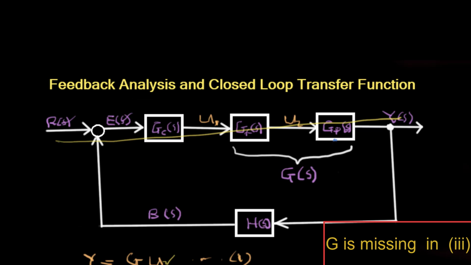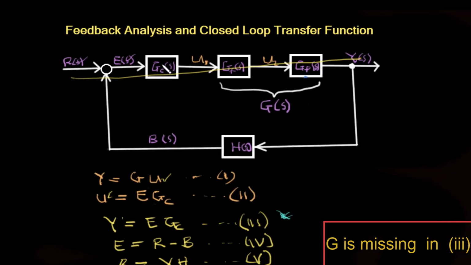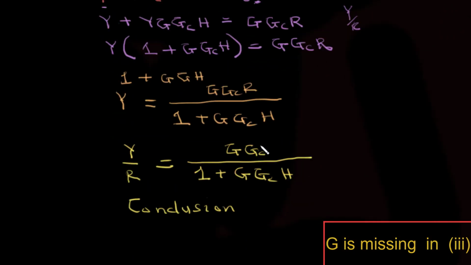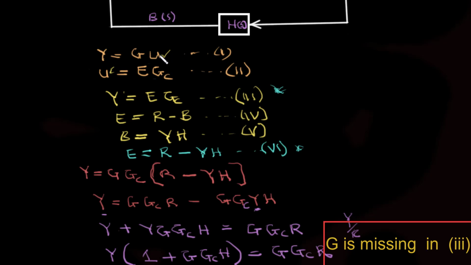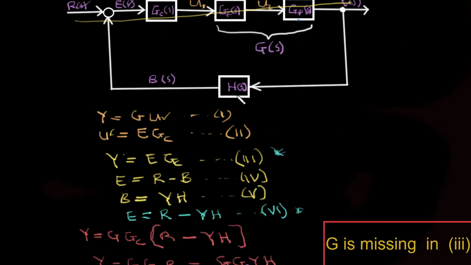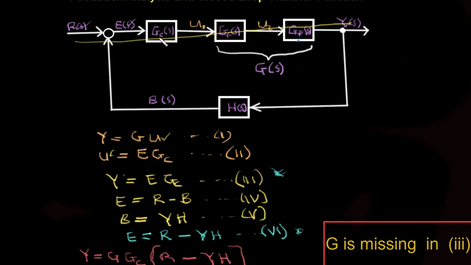Since this one is called G, we have G times GC, which is this one, and 1 plus this term times H. Which one? The reverse path or sensors. That's all. So whenever I get a block diagram, it is just the forward path, or open loop path, over 1 plus the multiplication of the open loop path times the inverse path.